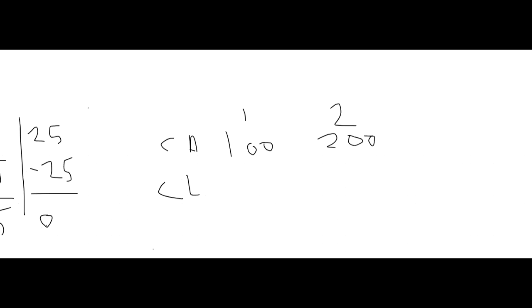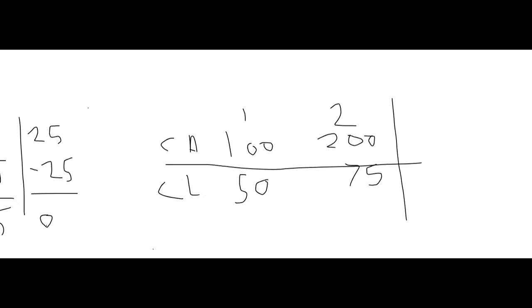My liability for the first year is 50 and for the second year it is 75. Now again, if I want to find the working capital changes, 100 is deducted from 200, what I get is 100, and from 50 I've gone to 75, so minus 25.